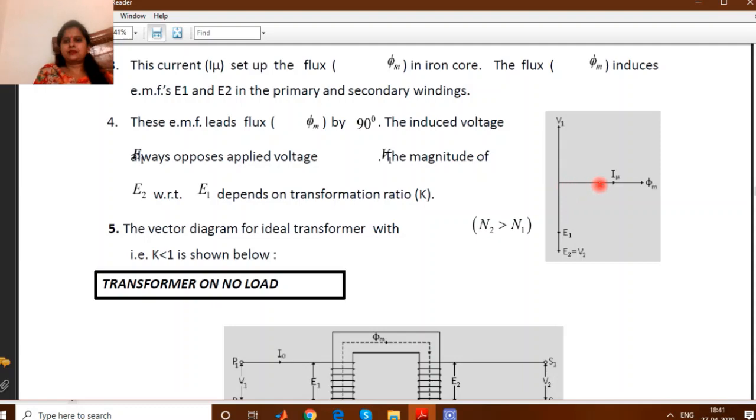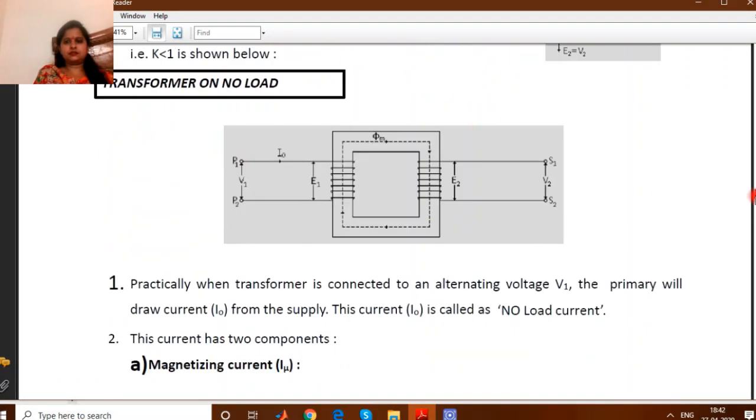This is the primary current at no load condition. This is the no load condition. When there is no load connected to the transformer, the I2 current will be 0, the secondary current will be 0, so only the primary current will be there, and this primary current is called the exciting current I0.